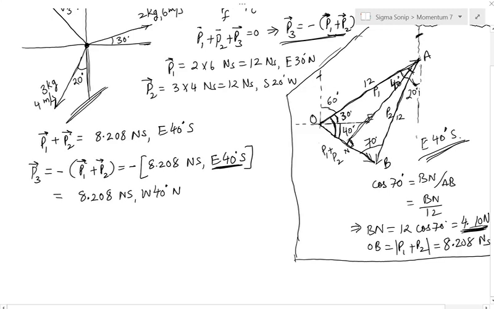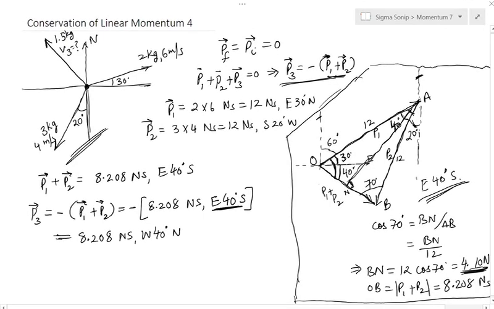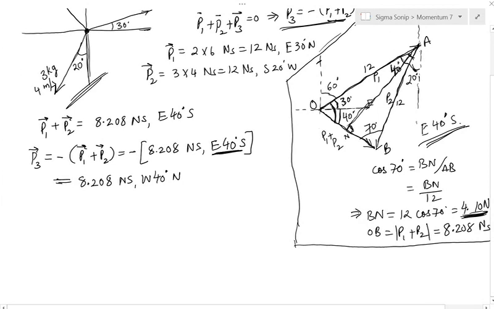That's my P3. I just need to now find the velocity. My P3 is, as we already saw, mass M3 is 1.5 kilograms, so 1.5 times V3 is equal to 8.208 Newton second, west 40 degrees north.